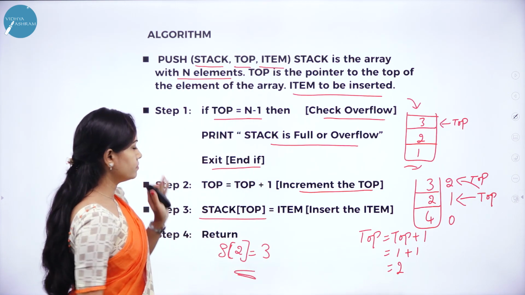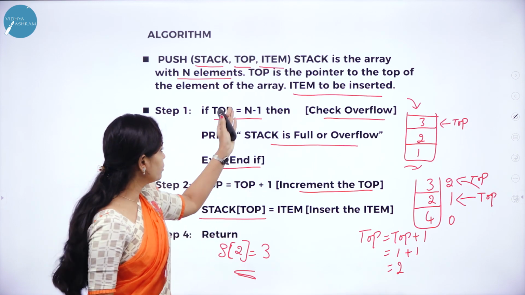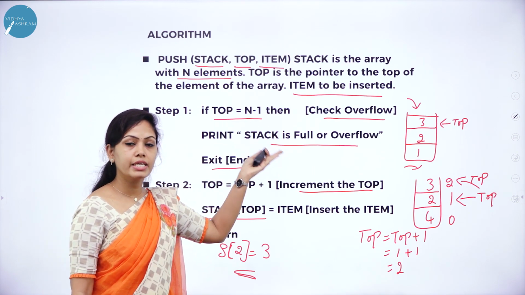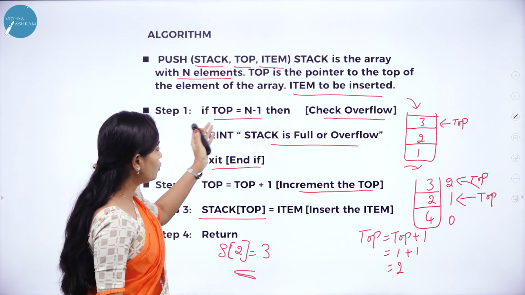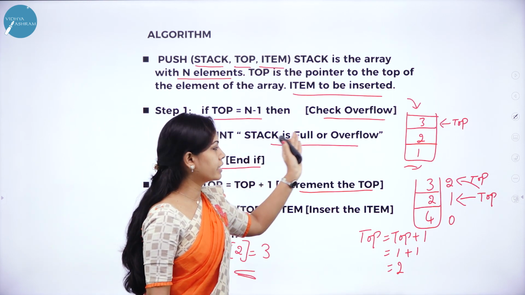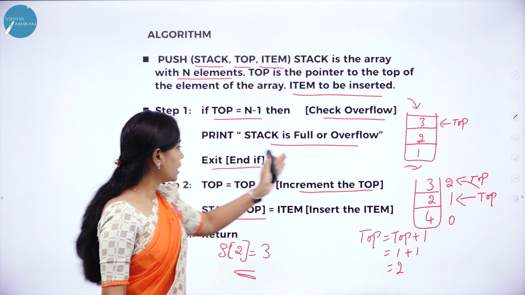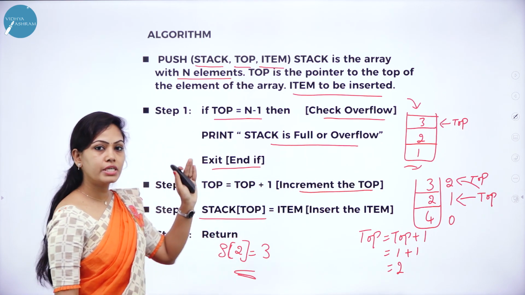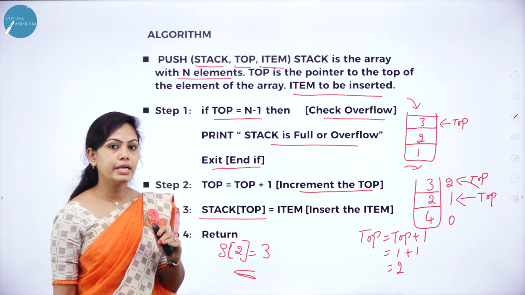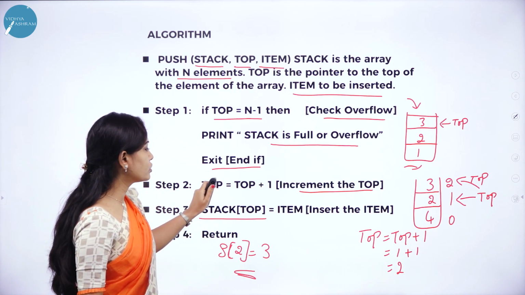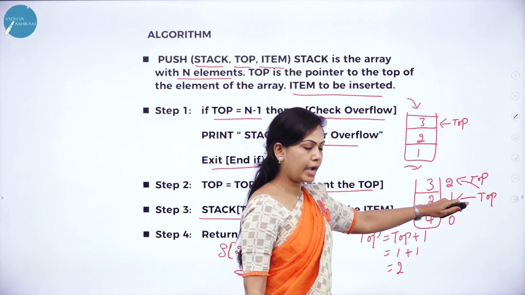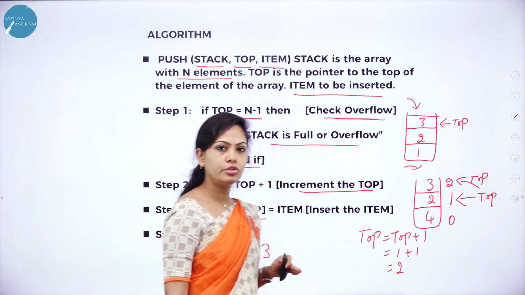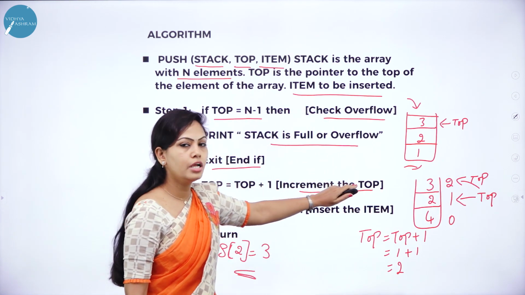First we check whether the stack is overflow or not, whether the stack is full or not. If it is full, print stack is full or overflow and exit. If it is not full and you want to add an extra element, use top is equal to top plus 1, that is, increment the top.